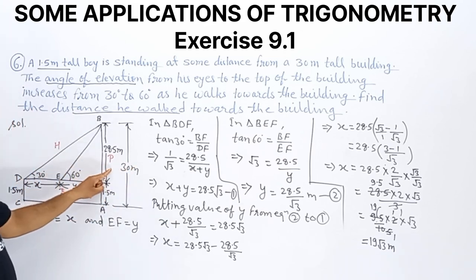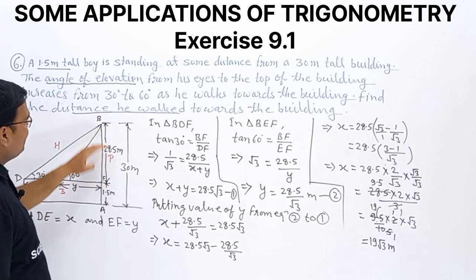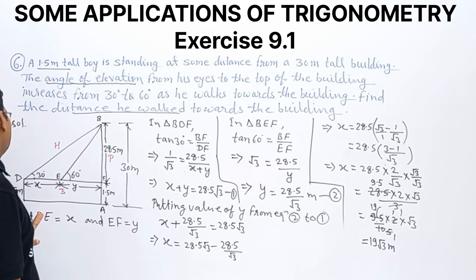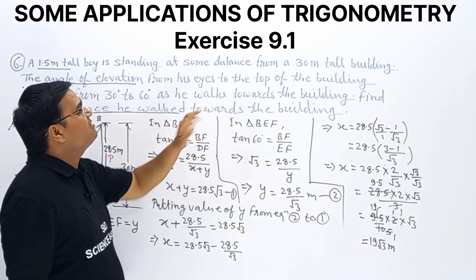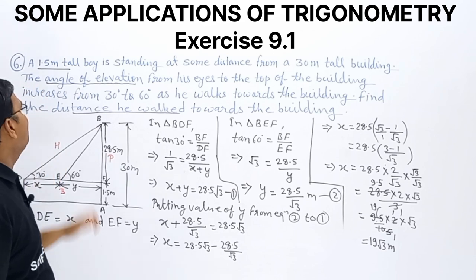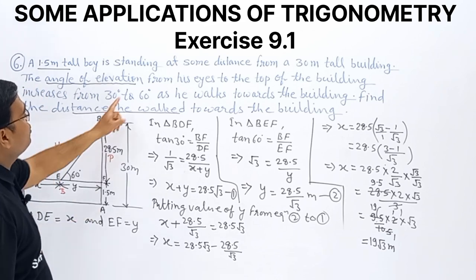The boy is standing at some distance, this is his height, and this is the height of the building, 30 meter. But in the next sentence we have the angle of elevation from his eyes, which increases from 30 degree to 60 degree.